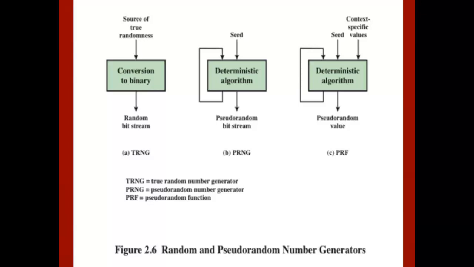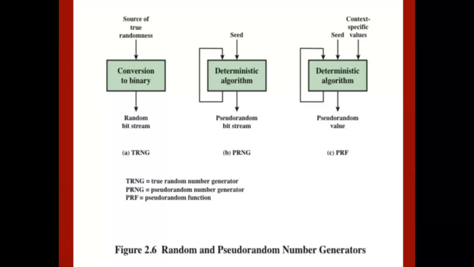Pseudorandom function, PRF. A PRF is used to produce a pseudorandom string of bits of some fixed length. Examples are symmetric encryption keys and nonces. Typically, the PRF takes as input a seed plus some context-specific values, such as a user ID or an application ID. A number of examples of PRFs will be seen throughout this book.